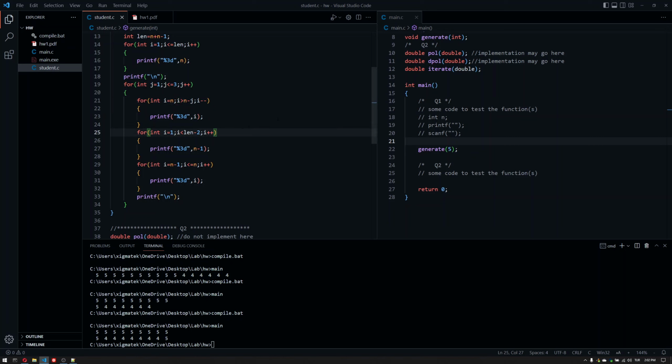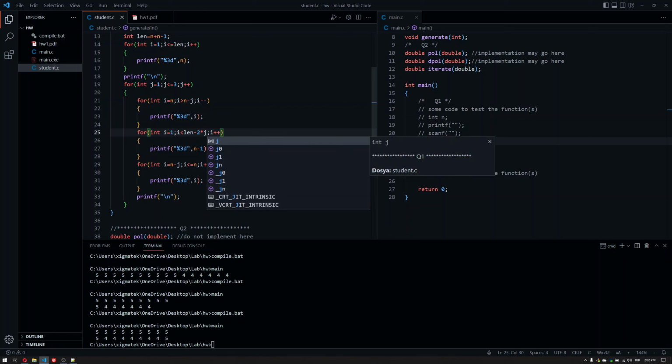And here, since we have two elements printed out here and two elements printed out here, and this will be again n minus j here, because of the backwards thing, this is basically becoming 2 times j.